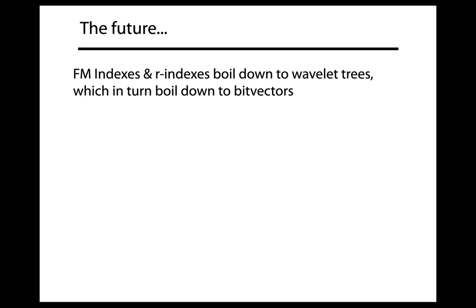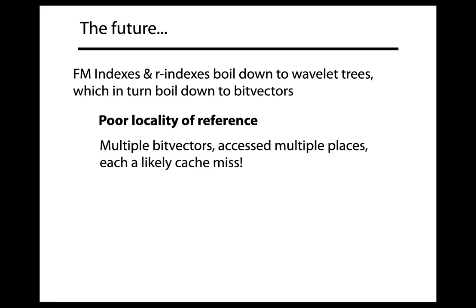We're going all over the place, which computer scientists are always sad to hear, right? Because it means we're going to get poor locality of reference and lots of cache misses. This is the hallmark of these approaches: they miss in the cache with wild abandon. So they have great bounds, but they have terrible cache performance, right? Poor locality of reference, multiple bit vectors, all accessed in multiple places, lots of cache misses.